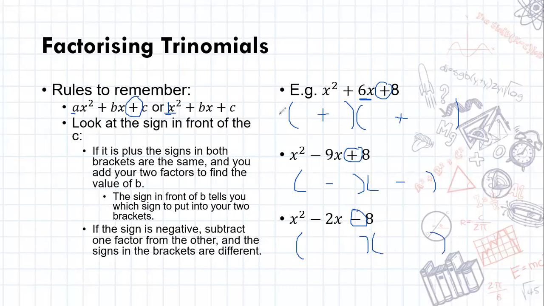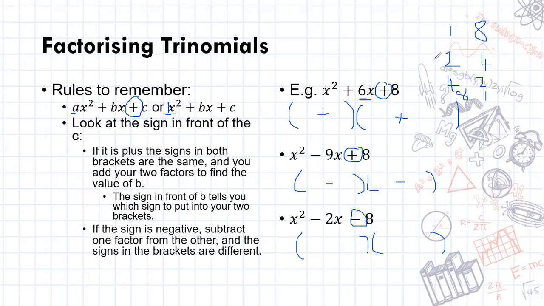Let's go back to our first two examples. Here, because our signs are the same, it's quite straightforward. We would find the factor pairs of 8. I'm just going to write them down quickly. It's 1 and 8, 2 and 4, 4 and 2, and 8 and 1.